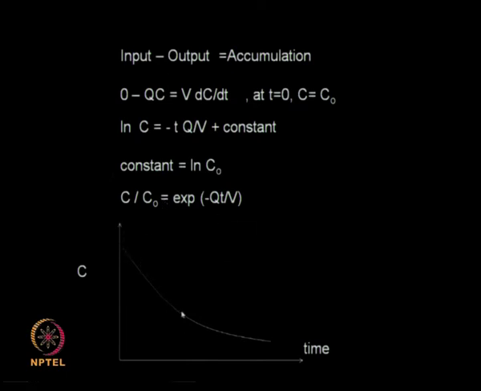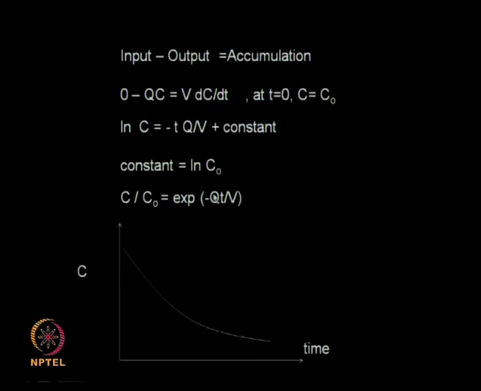So how will this equation look? It will be exponentially falling like this. Initially it will start from C0 at time equal to 0, and then as time progresses this will keep falling in an exponential fashion. Now this V, the volume, divided by Q, the flow rate, is called the residence time of the tank.